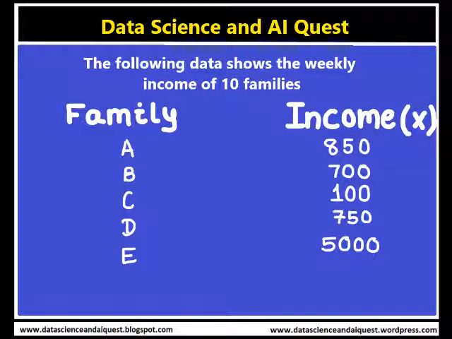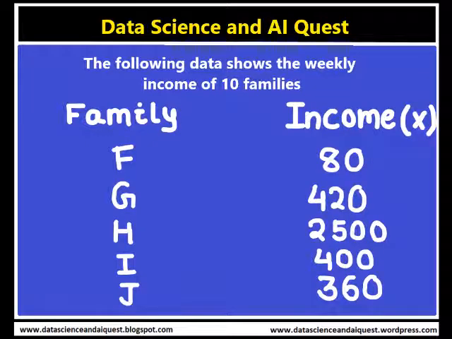Family D is 750. E is 5000. F is 80. G is 420. H is 2500. Then I is 400 and J is 360. From this, we have to compute the mean family income.